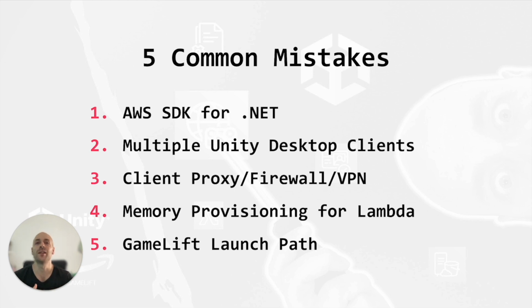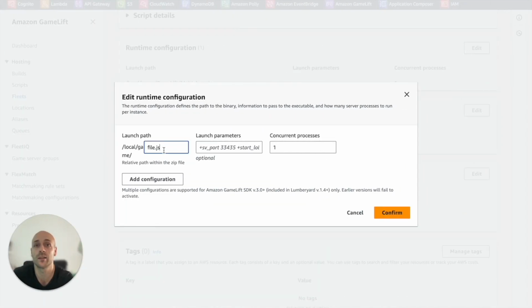Finally, the GameLift launch path. Before creating your GameLift fleet, you need first to upload to GameLift a zip file containing your real-time script and dependencies. During the fleet creation, you will be asked for the launch path. In other words, the path of your JavaScript code file within the zip file.